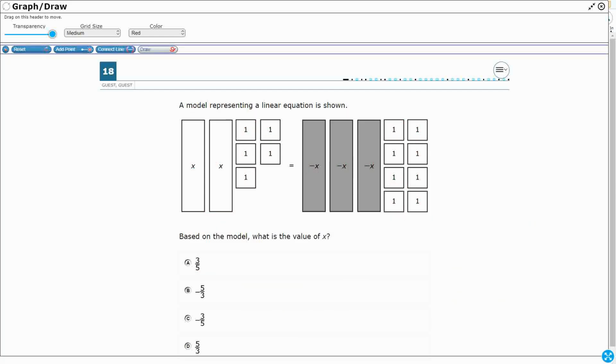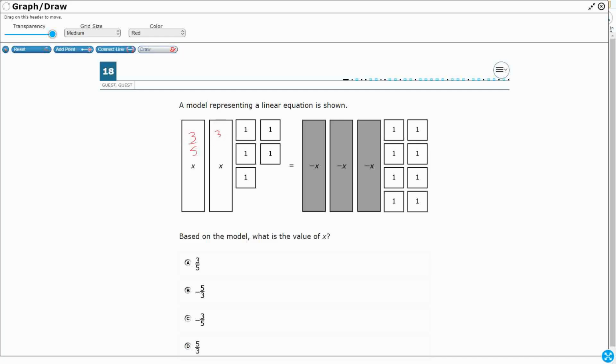Let's just do 3/5. 2 times 3/5 equals 6/5 plus 5, equals negative 3 times 3/5, which is going to be negative 9/5 plus 8.